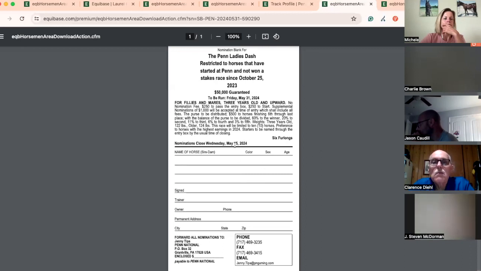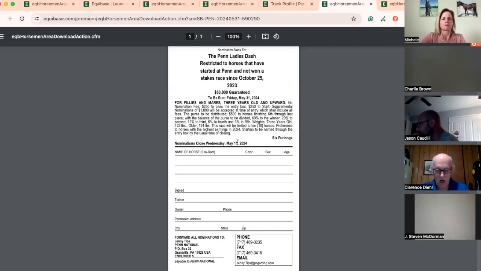And so way ahead of time, if you'll notice, this race will be run on May 31st, but nominations closed on May 15th. So if you remember what I just described about the entry process, stakes races have an extra step known as nominating, which happens usually 2 weeks before the race, sometimes even longer.